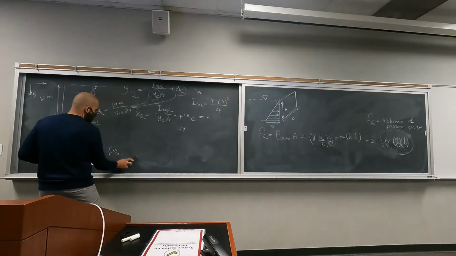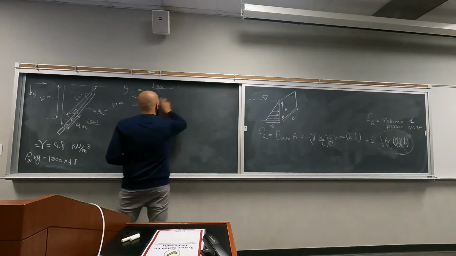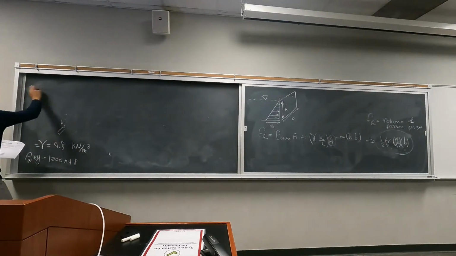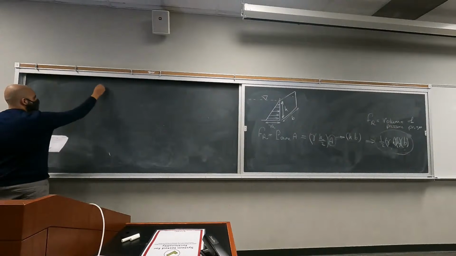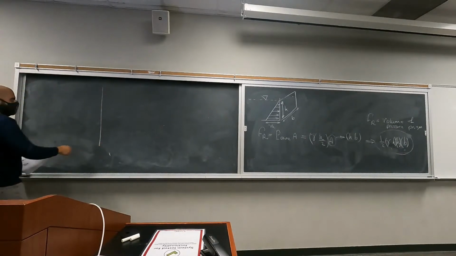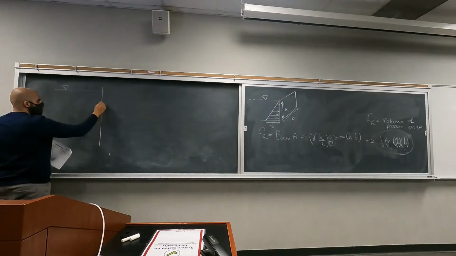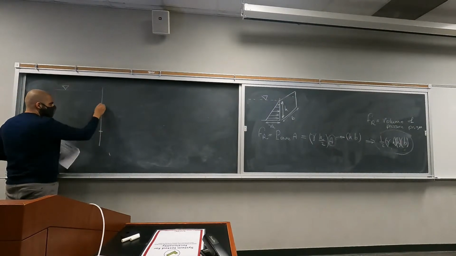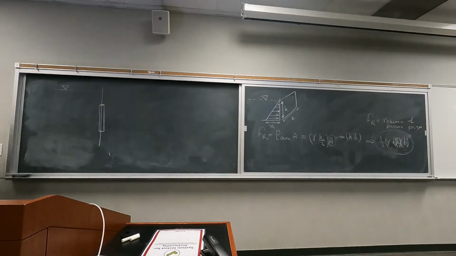So let's look at this type of situation. Let's say we want to find the total force. Again, let's go back to this wall, free surface. Let's say we want to find the total force that is being applied on this part of the wall, specifically this part of the wall.